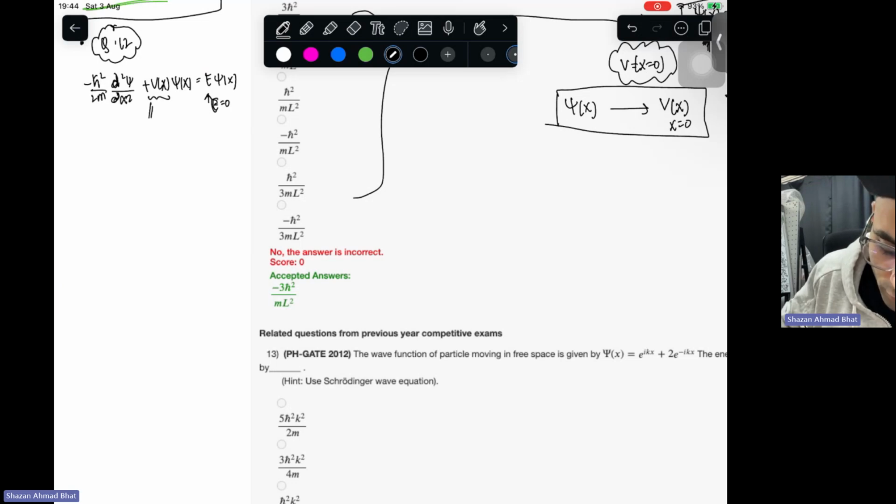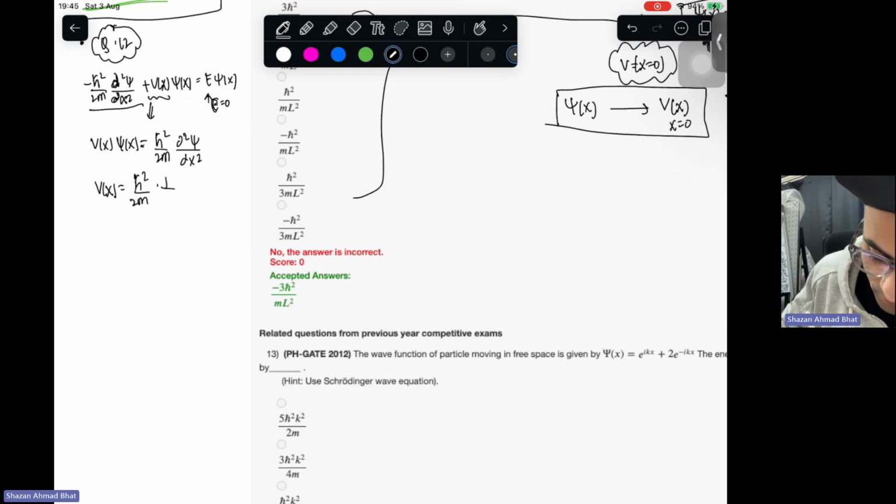So V of x psi of x is equal to minus h bar squared by 2m... oh, the minus will go, as we bring this term to the right hand side. We get h bar squared by 2m times d squared psi over dx squared. Then V of x is equal to h bar squared by 2m, times 1 over psi of x, times d squared psi by dx squared.